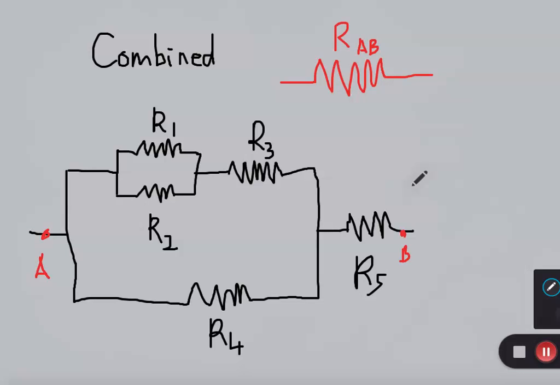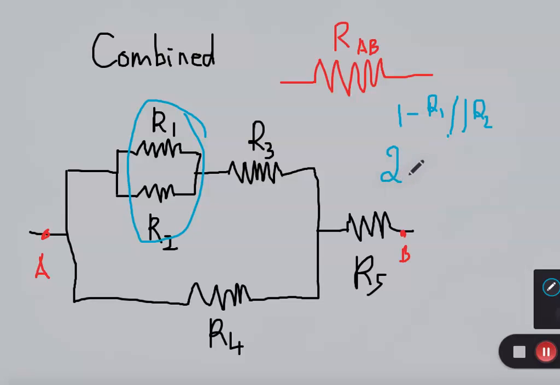Now, write a strategy path that will allow you to do your work in sequence. Step number 1, we would be working with R1 and R2. That will give you R1 parallel with R2. So you just use the formulas.